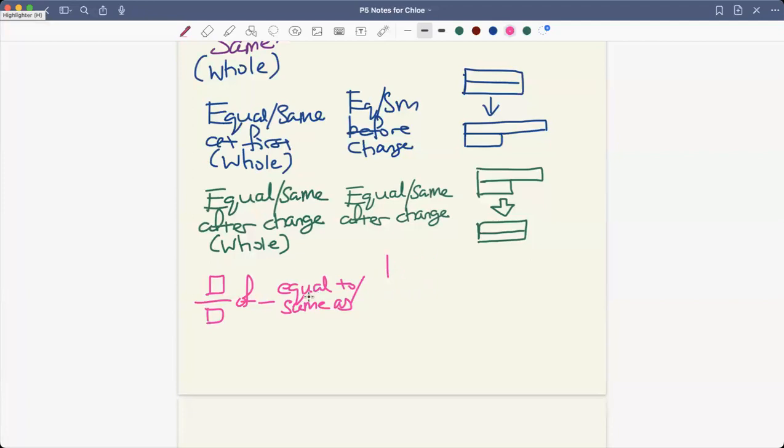So we have a fraction here or something equals to or same as the fraction of another thing. So this is actually equal fractions.